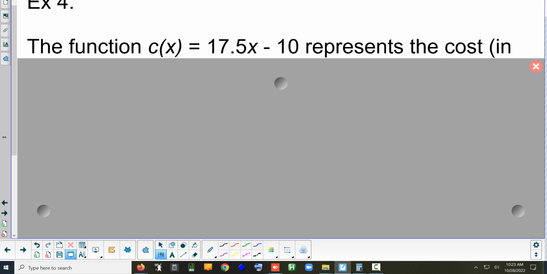C of x. H of x, C of x, G of x, H of x. You see all different letters. C is the name of this formula, and they probably use C because something in the word problem probably begins with a C. Yeah, apparently this problem is about the cost of something, so that's why they chose to use C.